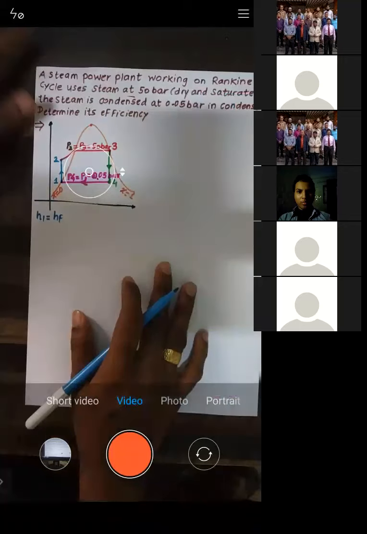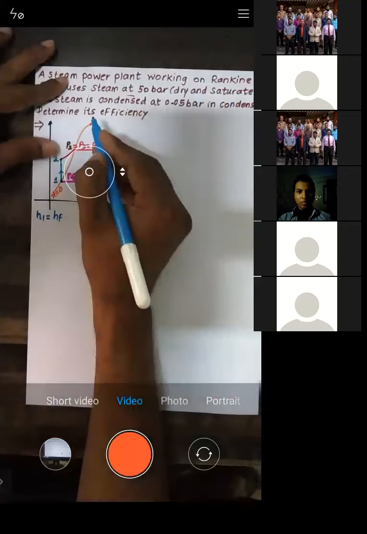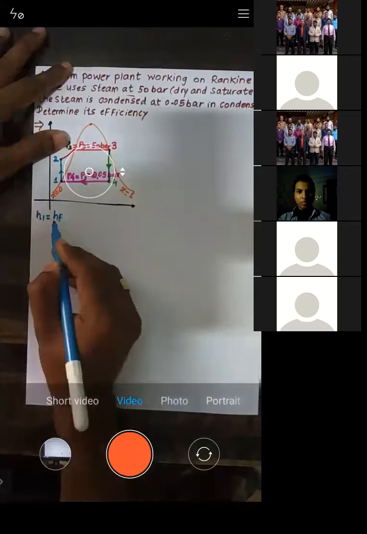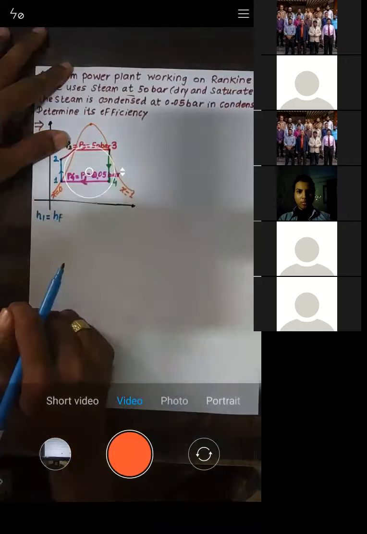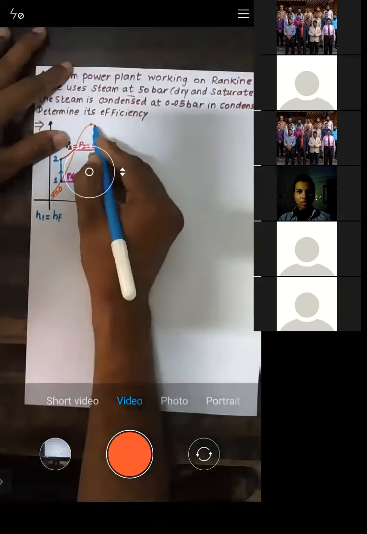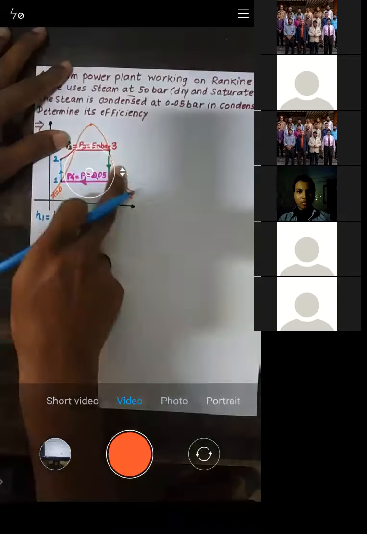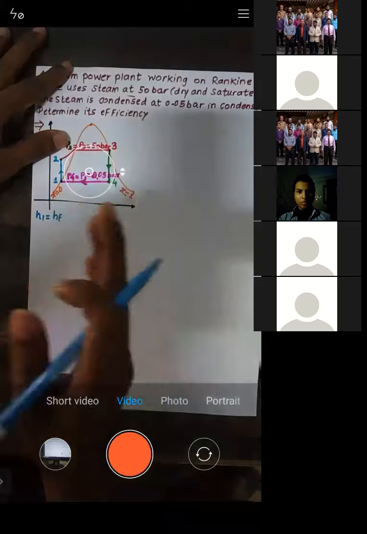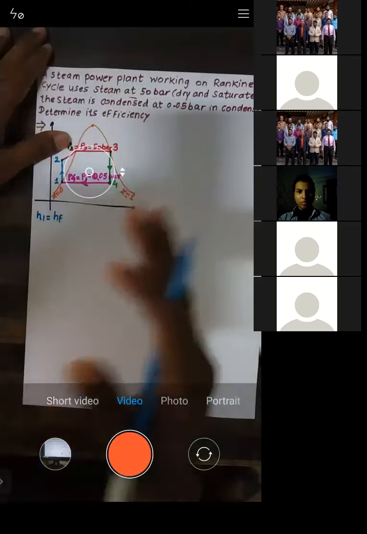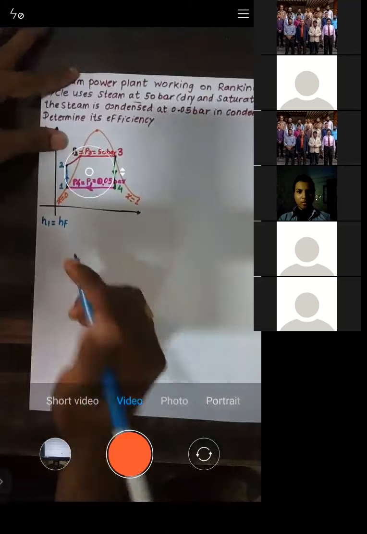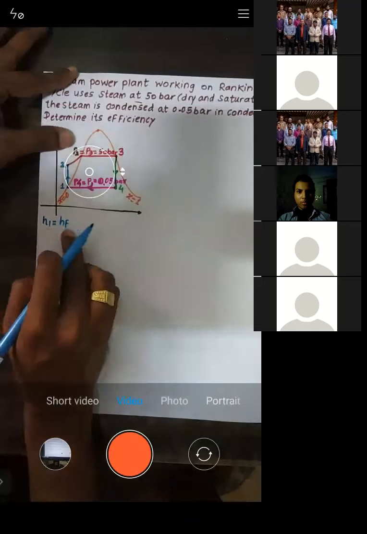If any point is lying on the left hand side, its enthalpy is hf. If it is lying on the right hand side, enthalpy is hg. We will come to that point. As it is lying on this side of the curve, enthalpy is given by hf.